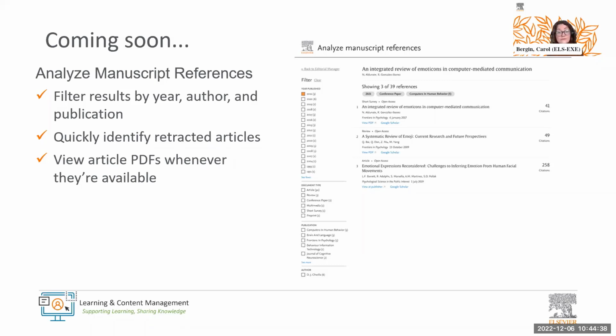And the improved service will enable users and editors to filter reference checking results by year, by author, and by publication. You should be able to quickly identify retracted articles and also view article PDFs whenever they're available. And we expect this tool to roll out to journals in the first half of 2023.